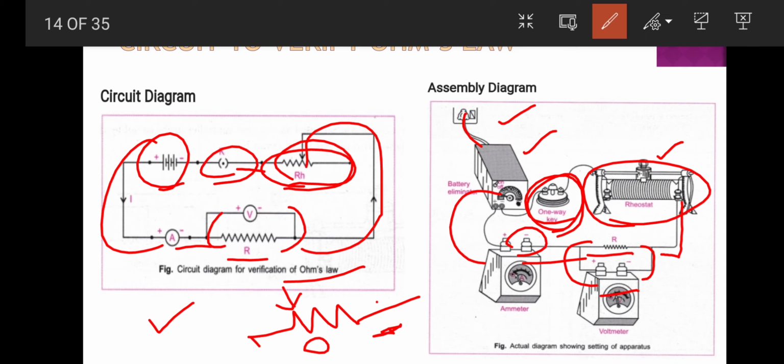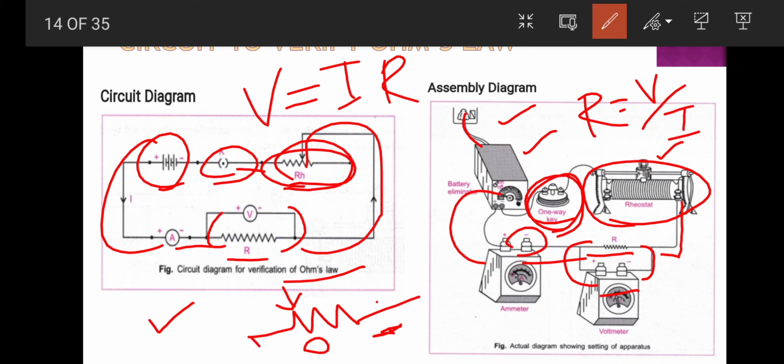Okay, so according to Ohm's law, you know that V is equal to I into R, right? And now R is equal to V by I. Fine. So by increasing the resistance, what happens? By increasing the resistance, the current will decrease, because they are inversely proportional.